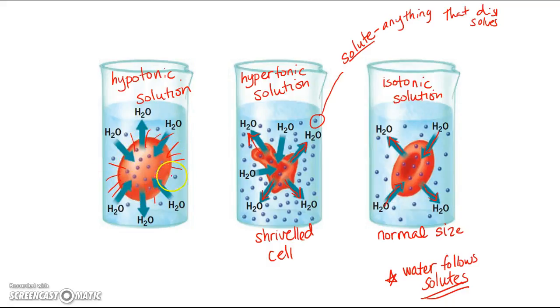And anytime you put a cell in fresh water, lysis occurs. So lysis is the bursting of a cell, all right? So no cell wall to protect it. So that's why we can't drink too much water, because then our cells will lyse. Okay, so there is a case where you can drink too much water.